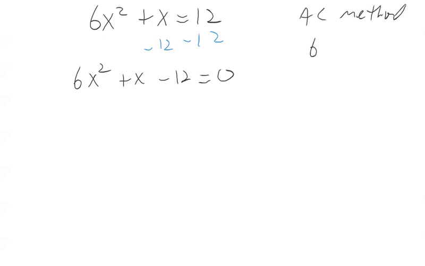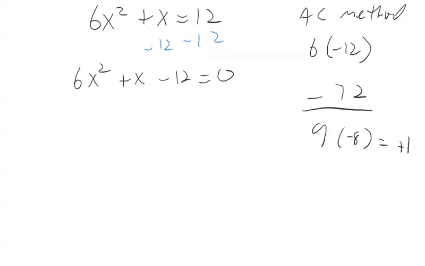First I multiply 6 times a negative 12, which gives me a negative 72. I need it to equal a positive 1 because that's what b is. So that means 9 times a negative 8. 9 minus 8 is 1. 9 times 8 is negative 72.